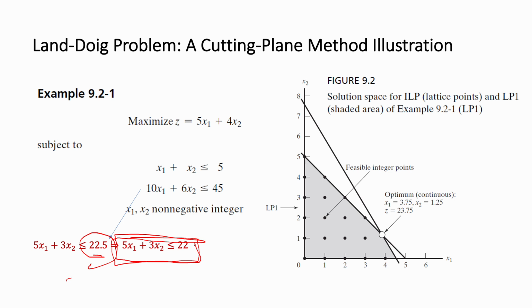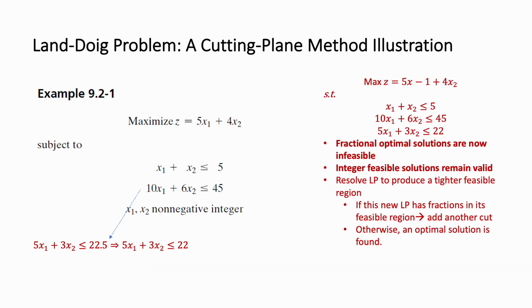This excludes fractional solutions like 3.75 and 1.25, but this allows us to accept integer options. So with this new revision of constraint 2, we were able to construct a new LP. The newly added constraint, we call this the first cut.